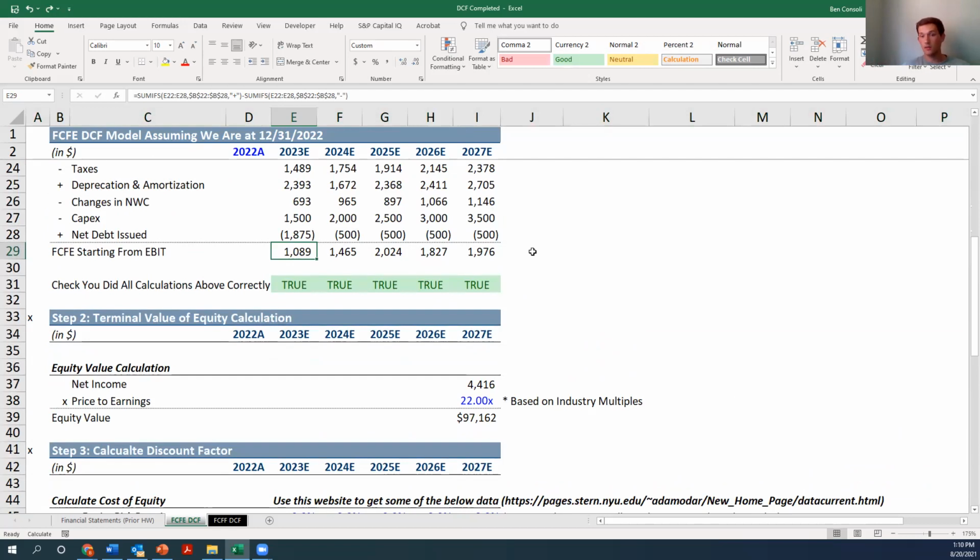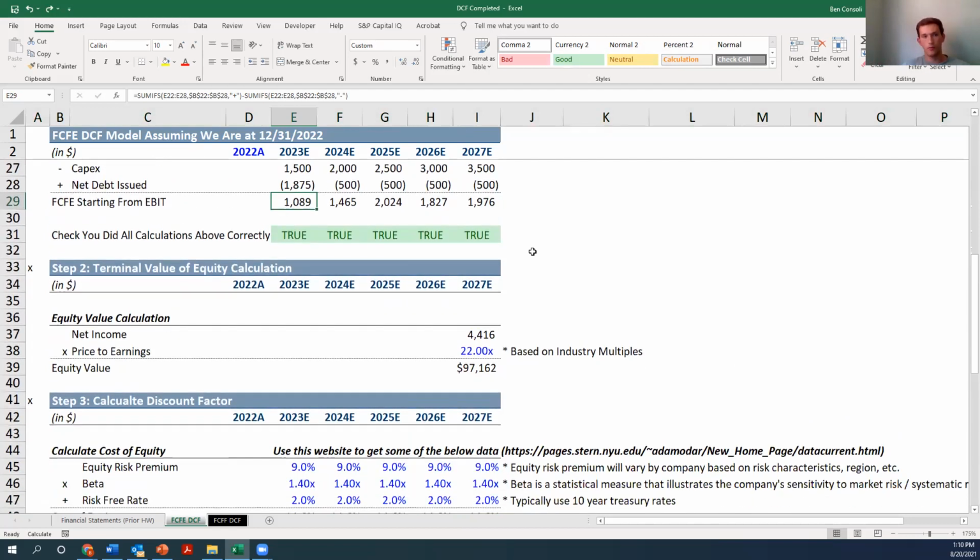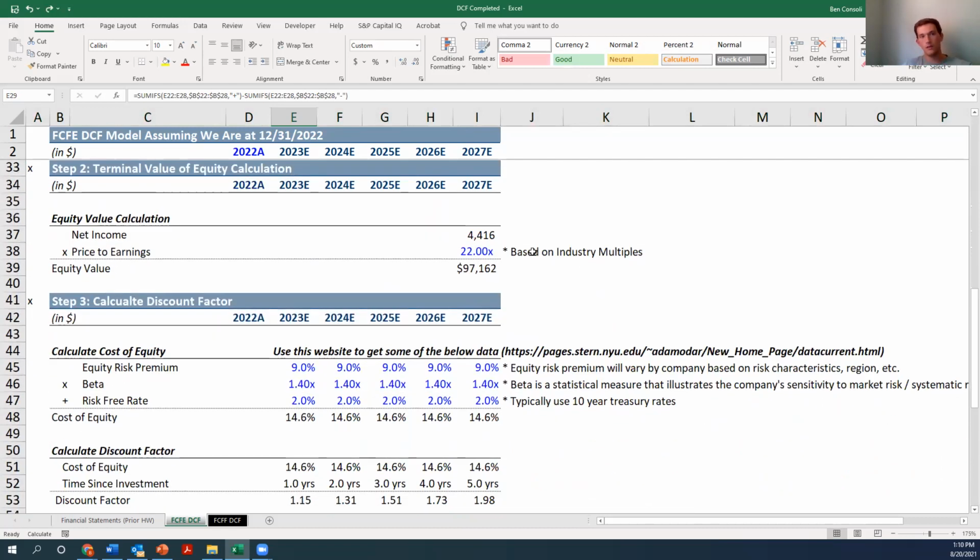And then when you sell the stock, say if we're valuing stock, you're going to get a cash flow at the end of the investment period as well. So what you have to do is back into the equity value when you plan to sell. For most publicly traded stocks, the easiest way to think about it is price to earnings, which is net income per share multiplied by the price to earnings multiple.